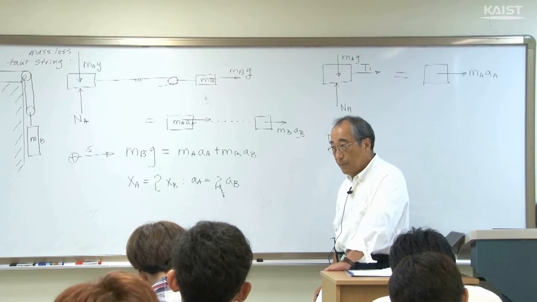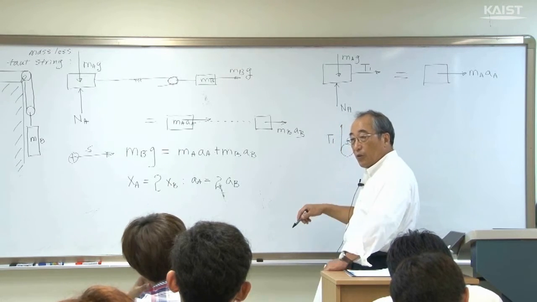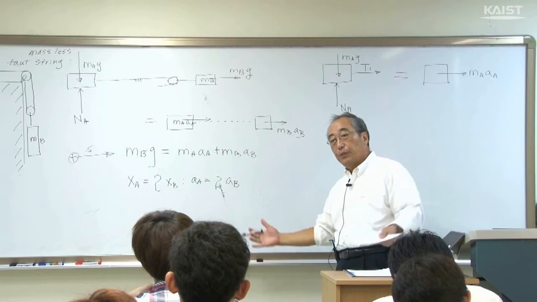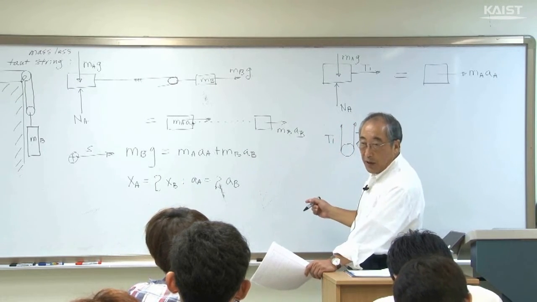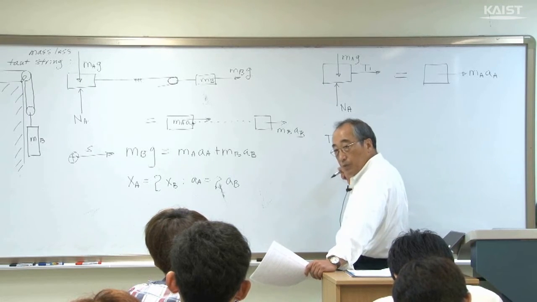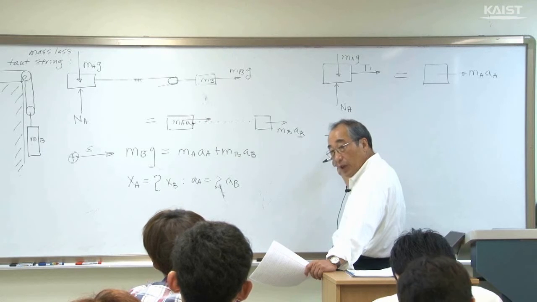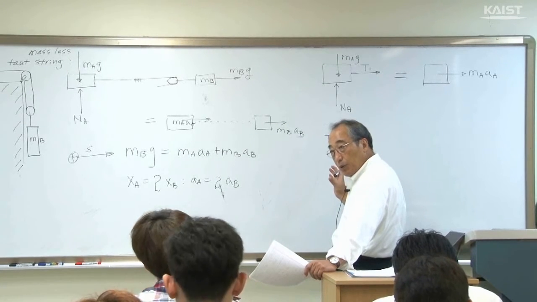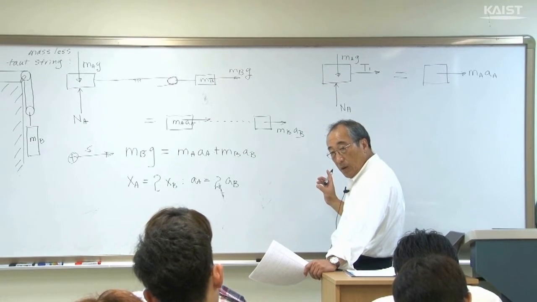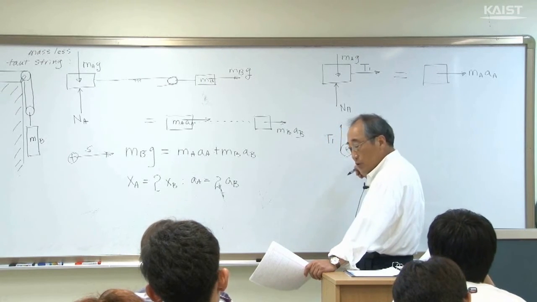If the pulley has a mass, or if the pulley is very big, or if there's some friction, these tensions would not be the same. But for simplicity, there is no friction, and the pulley is very small and massless, so we can assume that these two tensions are the same.